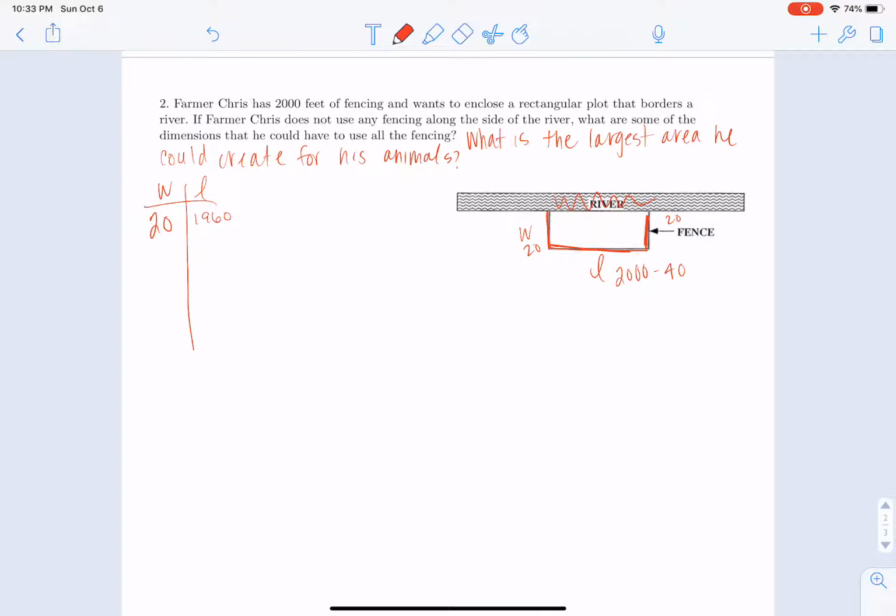Are we seeing how we're getting these values here? So we could go ahead and just keep brainstorming here.